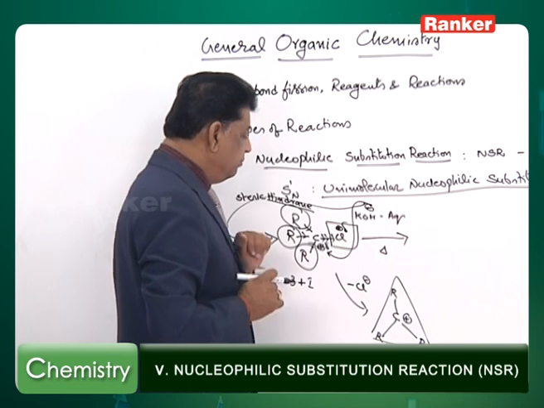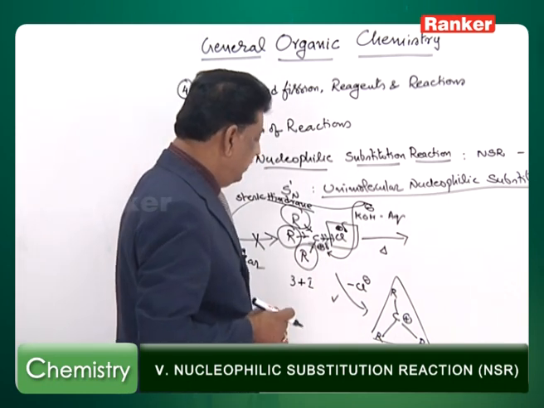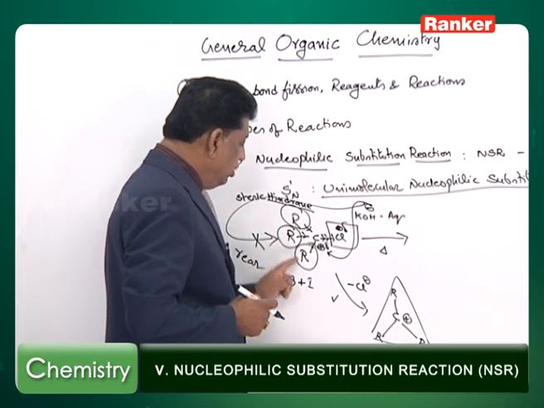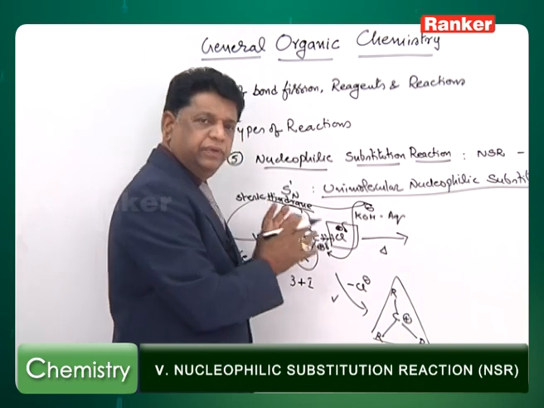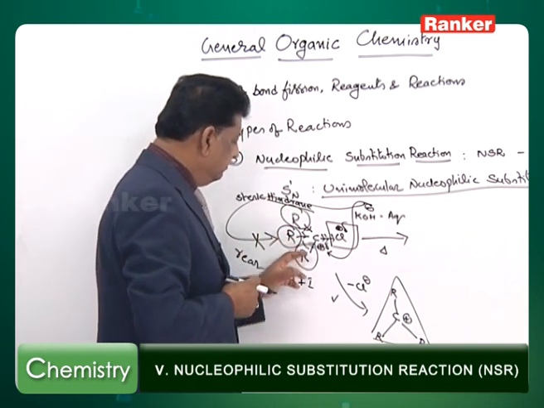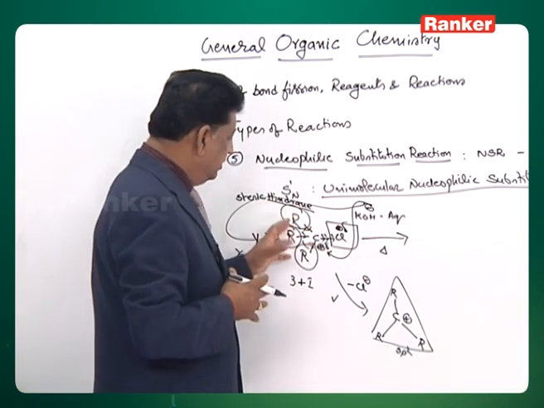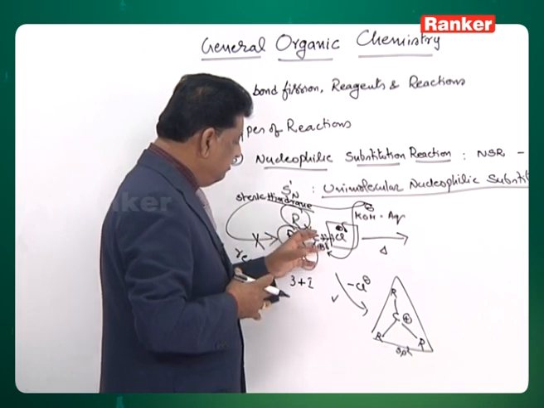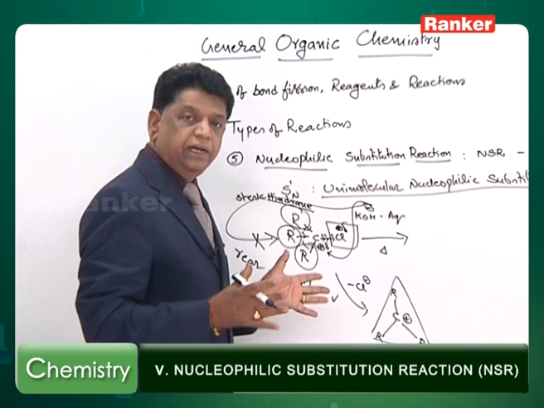This formation has some favorable factors. The first favorable factor is that whenever the four groups are there, they are sterically clumsy, closely staying one by the side of the other. There is some internal clash because of the unavailability of space. When one group goes, the three groups have immediate relaxation.